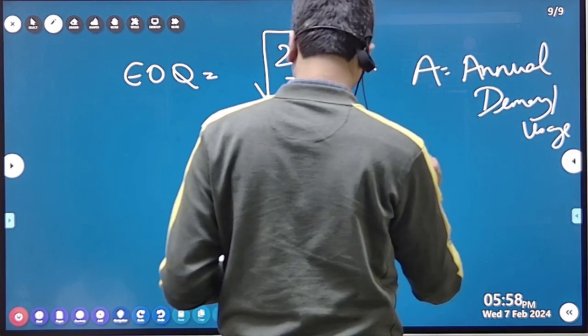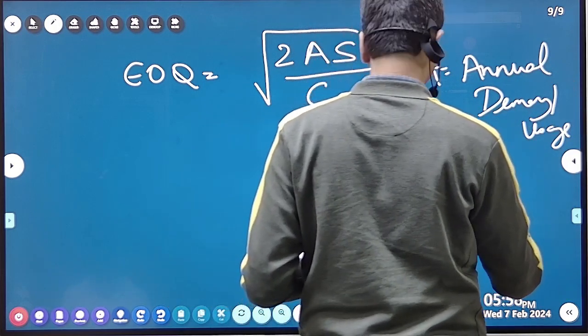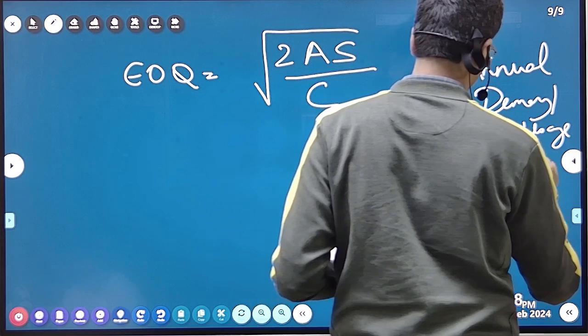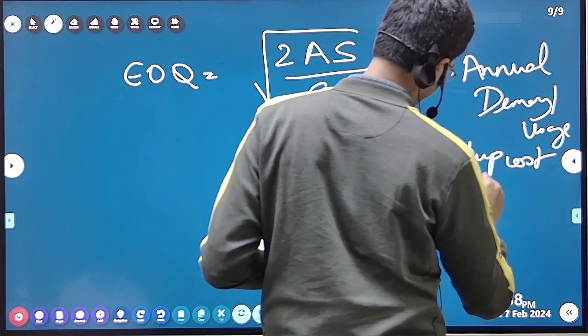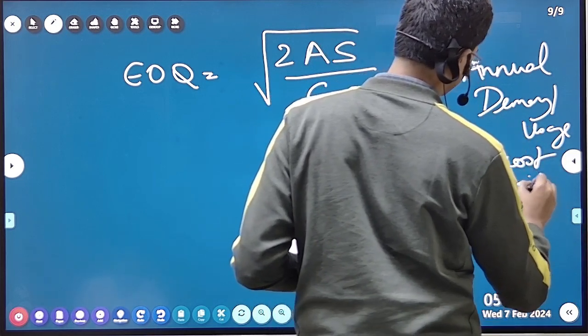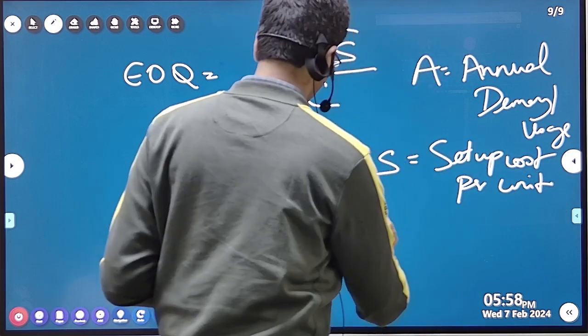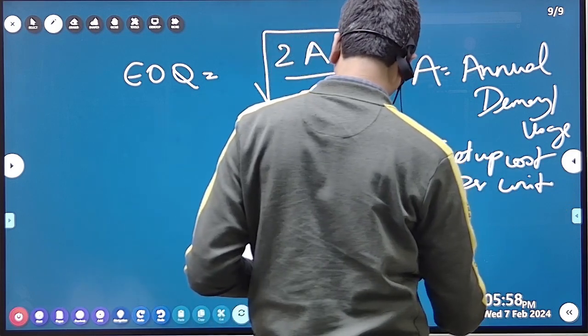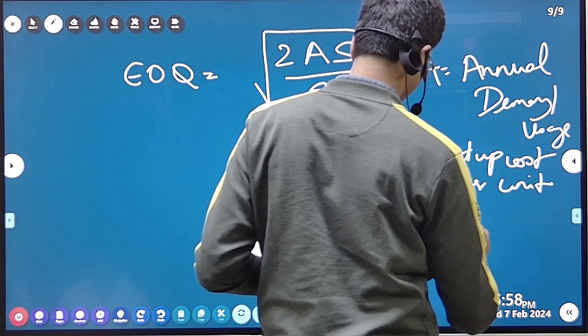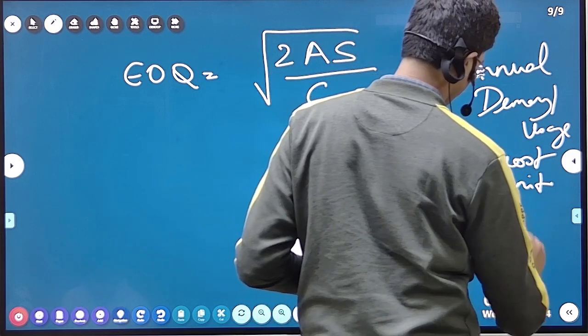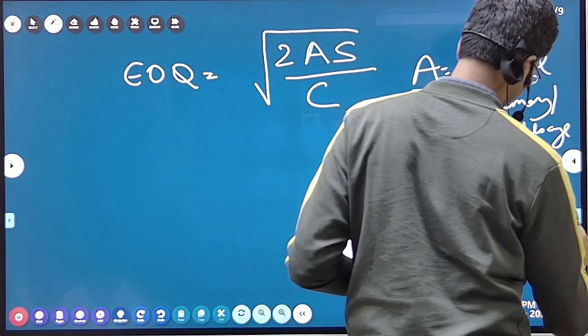S is your setup cost per unit. C is your carrying cost per unit.